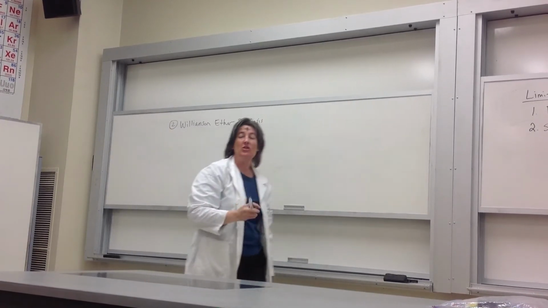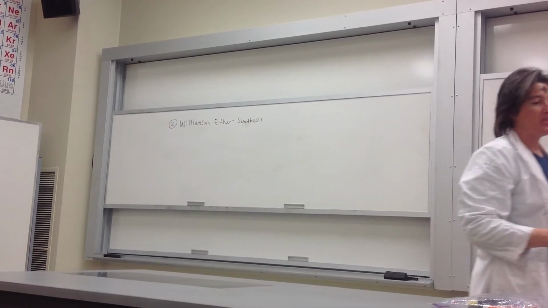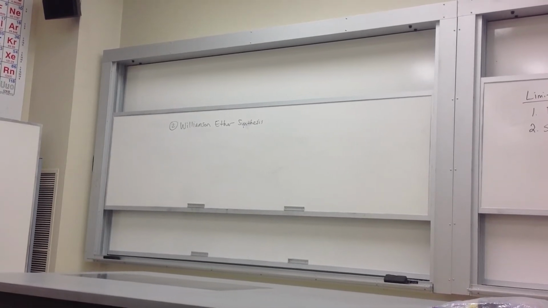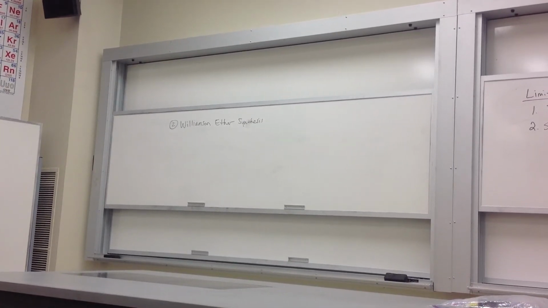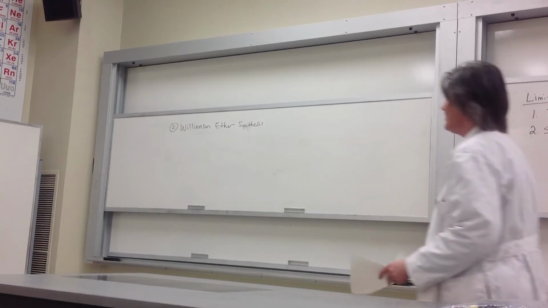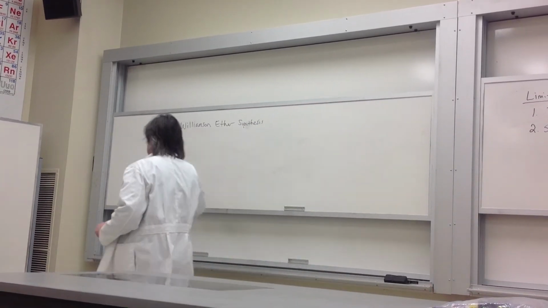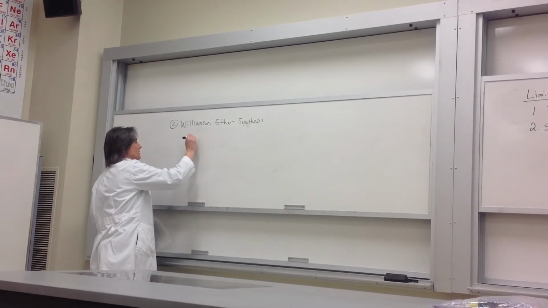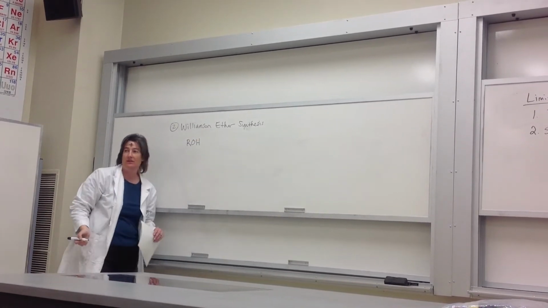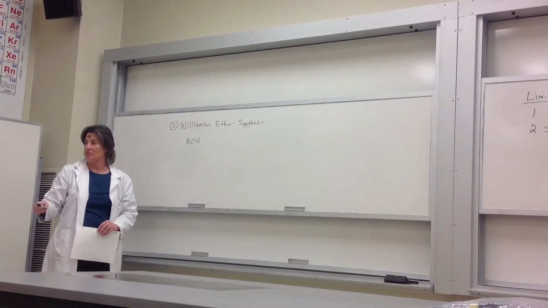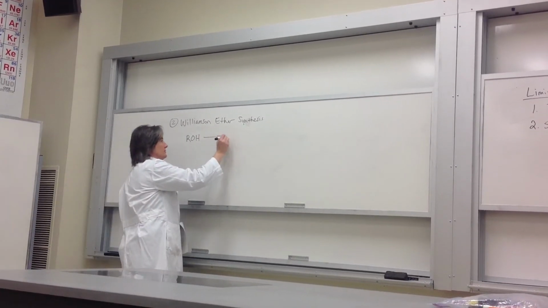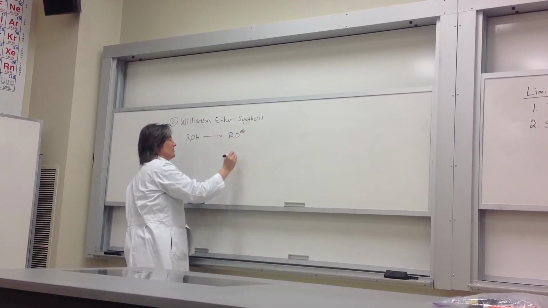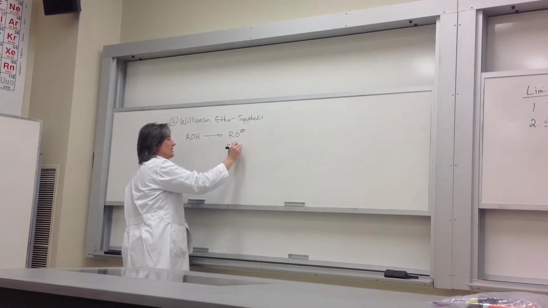We actually showed this reaction to you guys last semester in the SN1, SN2 chapter. I don't think we ever called it this though. It would scare you. But what this is, it's really straightforward. You have an alcohol. First, you deprotonate it to make an alkoxide ion.